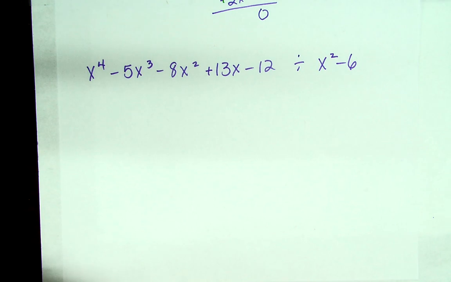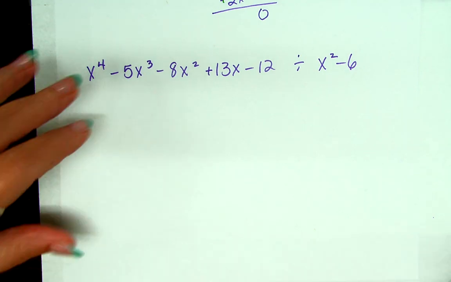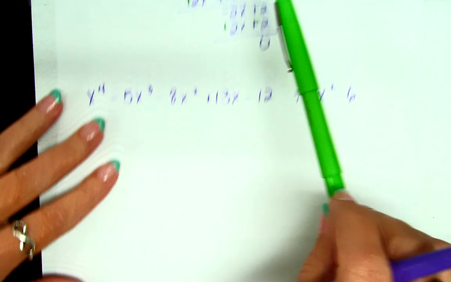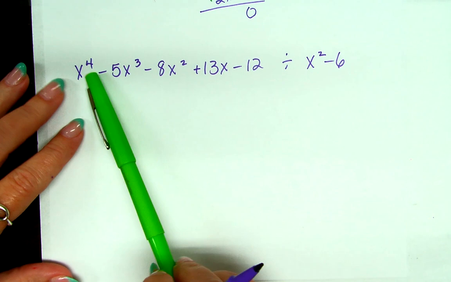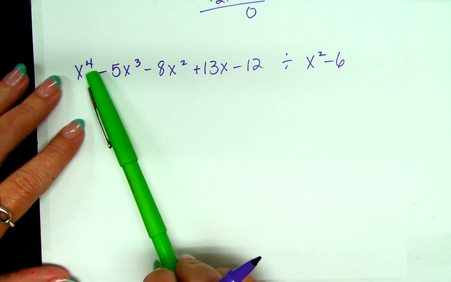X to the fourth. No reason to freak out. No reason to freak out because there's an x to the fourth, right? Because rule number 1 is what? Don't panic. So x to the fourth minus 5x to the third minus 8x squared plus 13x minus 12. So now that you know what we have to notice up here, did you start counting down? Is there a 4?